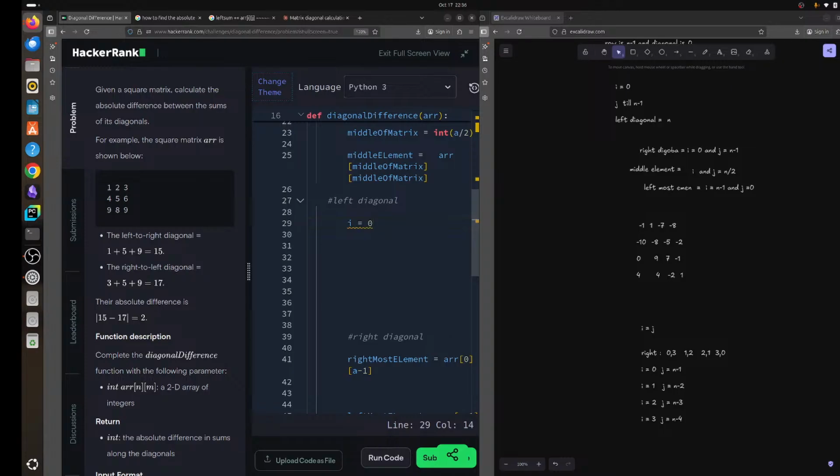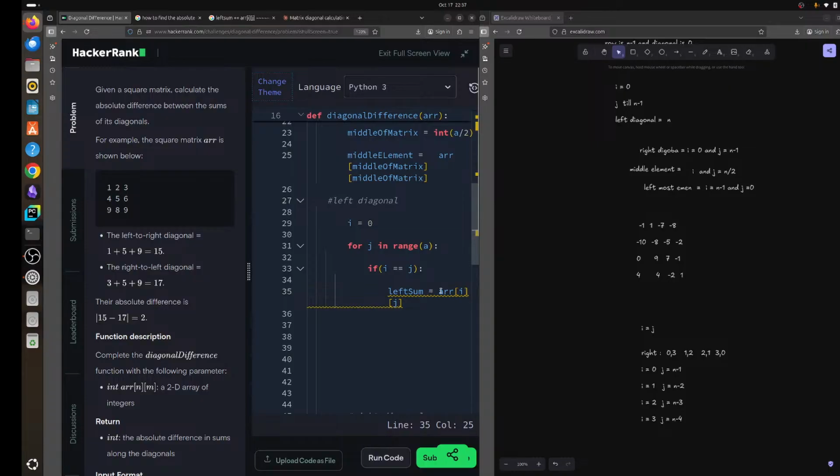I equals to 0, for j in range of a, if I equals to j, then left sum equals to ARR of I, j.